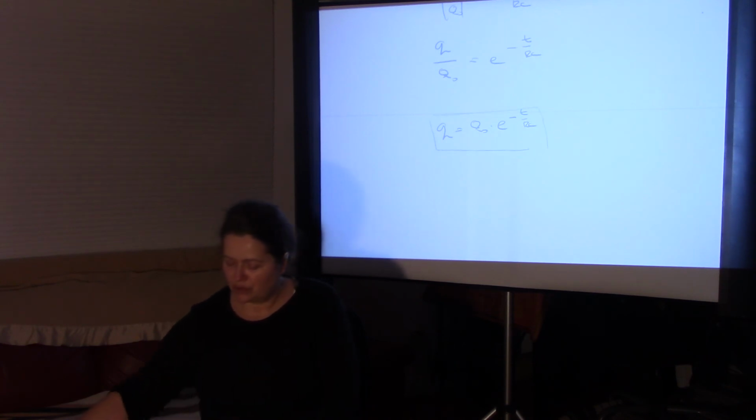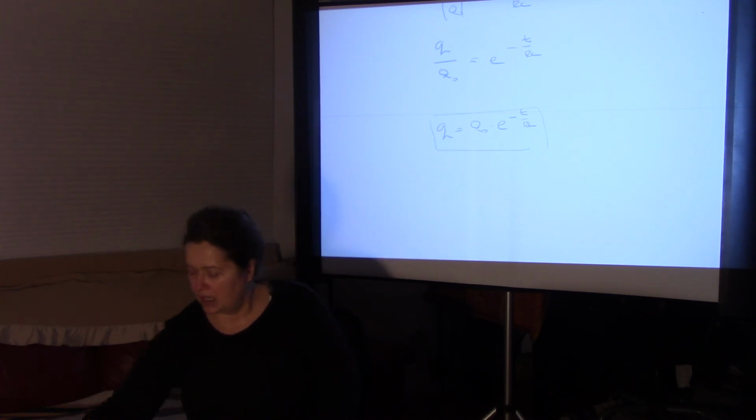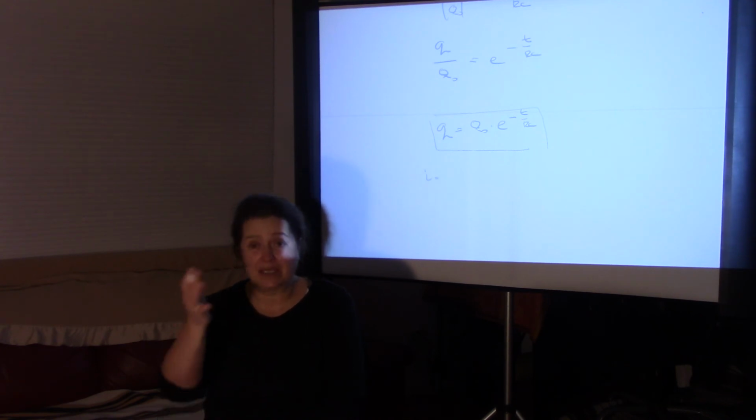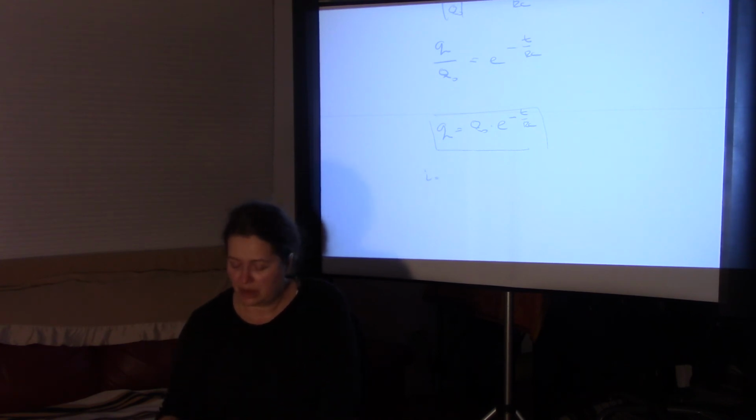Now we also want to find the expression for the intensity in the circuit. As the capacitor is discharging, that would be negative dq over dt, as dq has a negative value and I is a positive quantity.